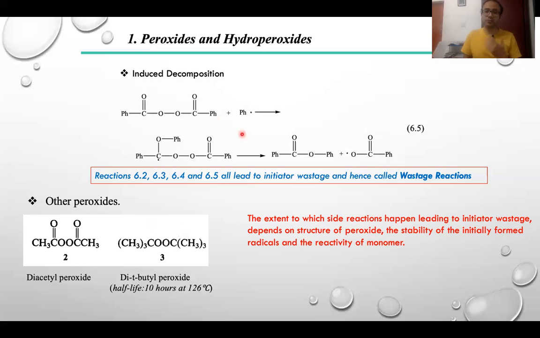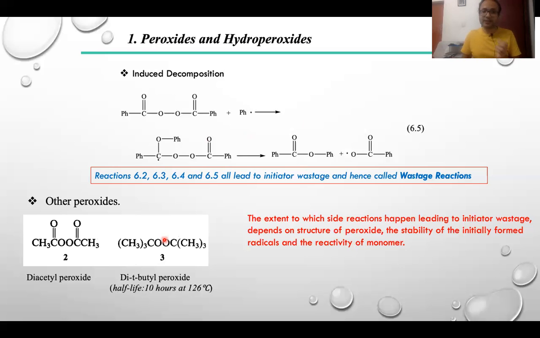Apart from that, if your monomer, that is the vinyl monomer that you are using in this reaction, is reactive enough, then it will quickly react with the peroxy radical, thereby not allowing that radical enough time to undergo any kind of wastage reaction. So this way you can prevent these wastage reactions from happening.